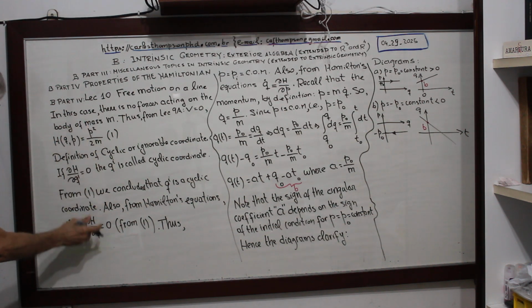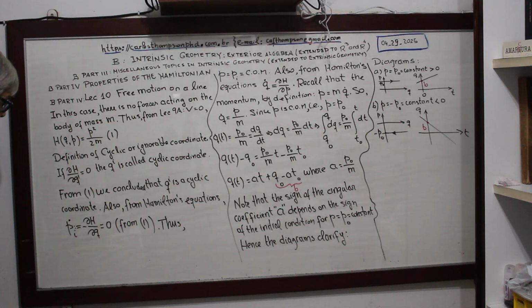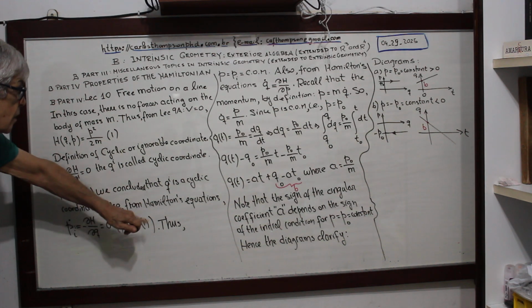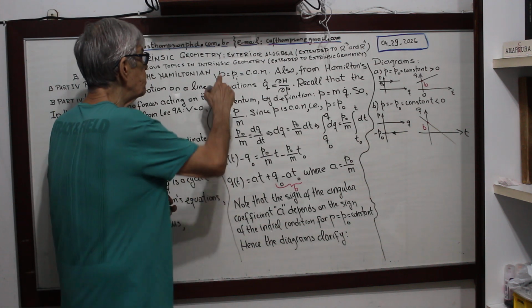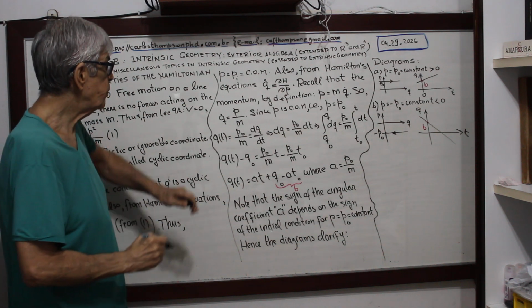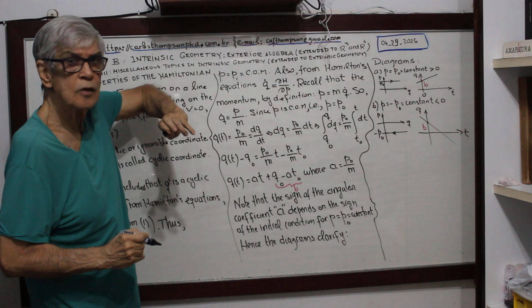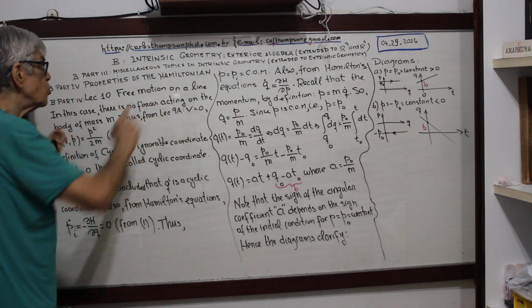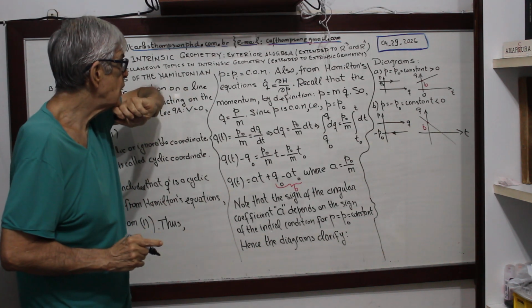And in this case, from 1, you see that is 0. So, if p dot is 0, this leads to p_i equal to a constant of motion. So the momentum p, in this case, for the free motion on a line, is a constant of motion.